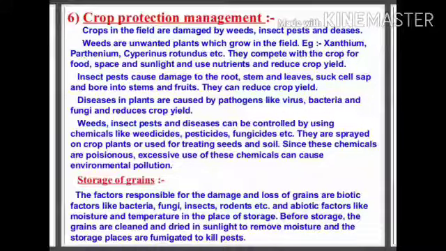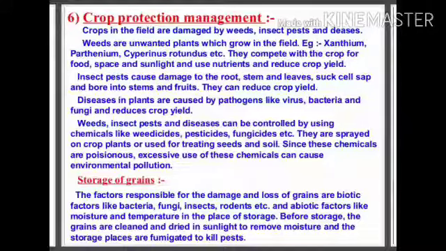And another is the storage of grains. You may have heard that about 30% damage to the stored crops is done by rodents or insects. So this damage can be reduced by cleaning and drying the grains in the sunlight to remove moisture, and storage places are fumigated with pesticides.